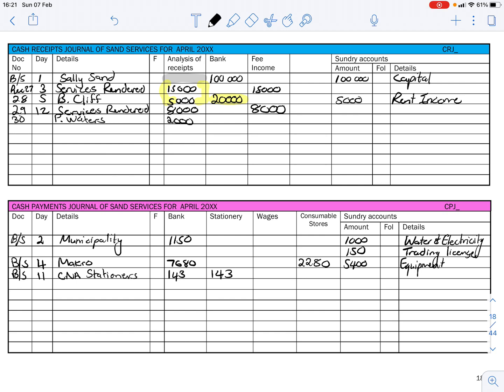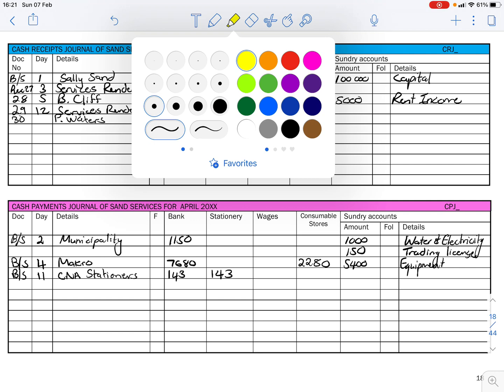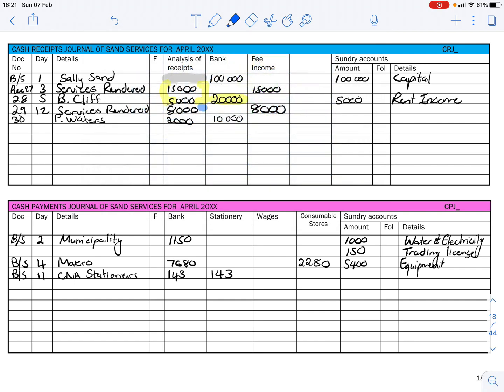If we add those 2 up, we should bank a total figure of 10,000 Rand for the day. Let's just highlight them. I'll do this in a different color. We can use blue. So we have 2 transactions on the same day, which leave us our 10,000 Rand. And the reason why P. Waters is paying us 2,000 Rand is for commission income.